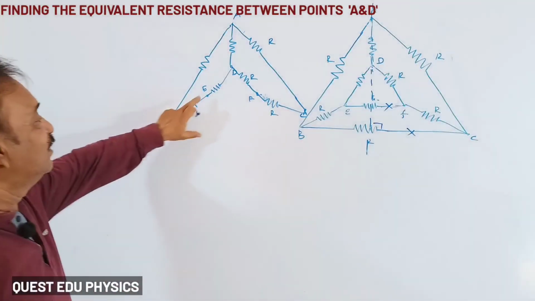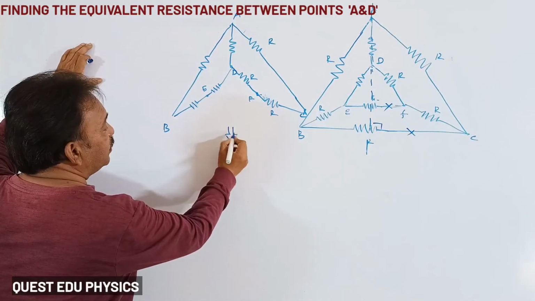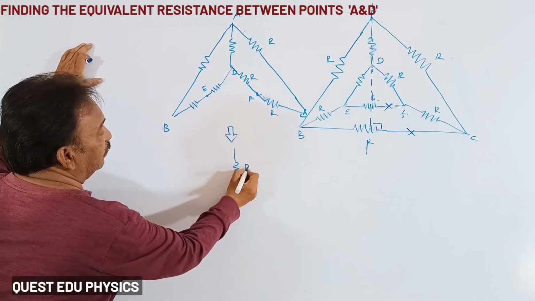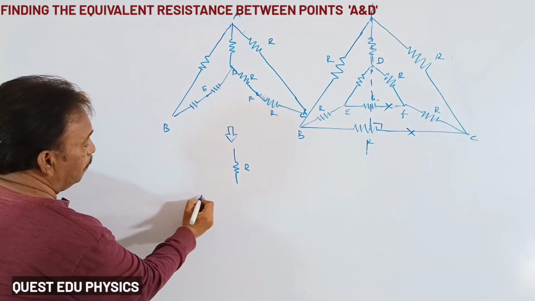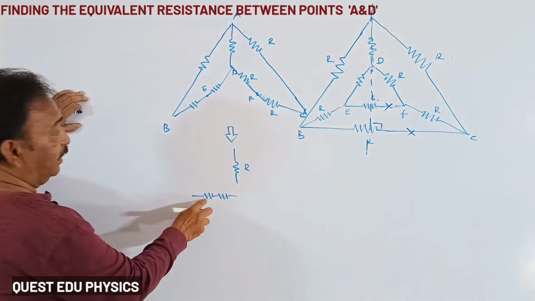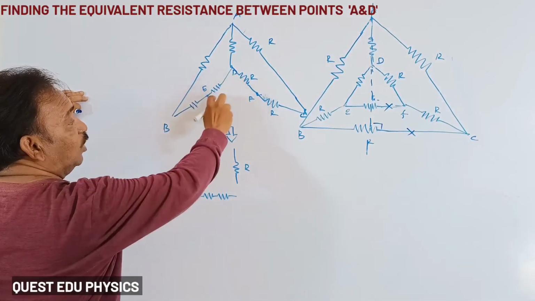Now what's this? These two I am collapsing further. Then what I get? The same resistor I am taking here. It is the R, and I am making it straight. Then see, it is the resistor this, and we have one more resistor here.